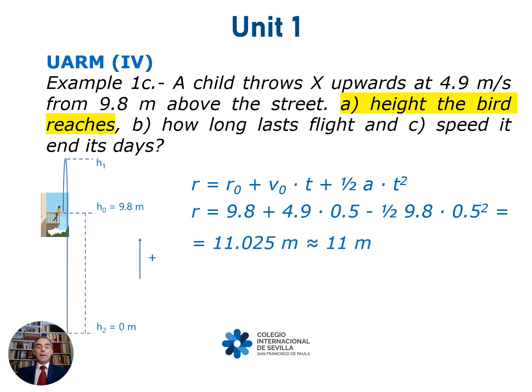That is 11.025 meters, which we round up to 11 meters high. So the bird goes up a little bit more than 2 meters above its origin, and it stops, and then it starts falling down.